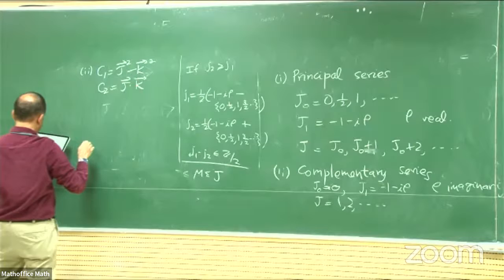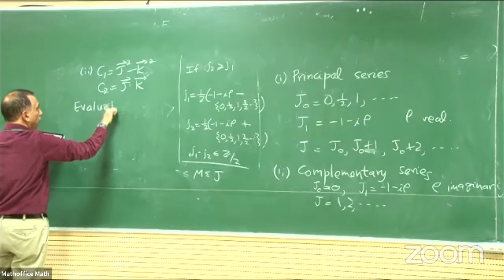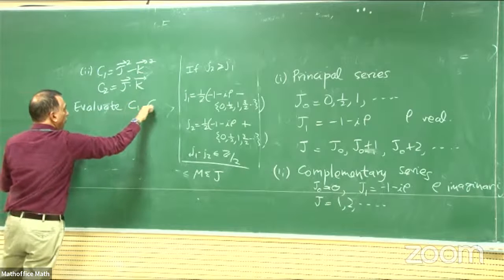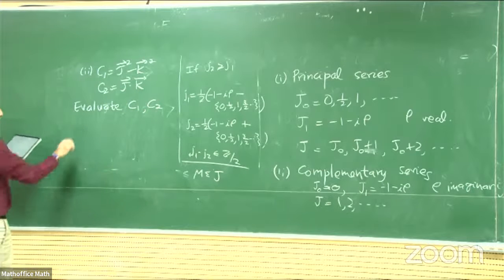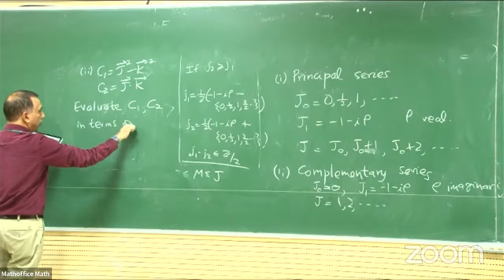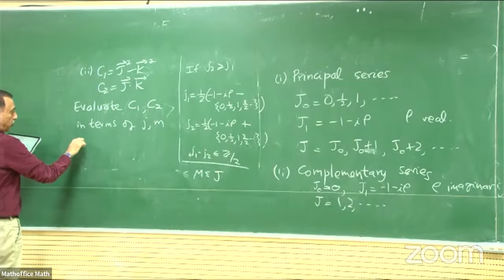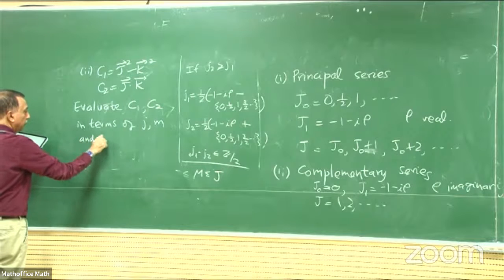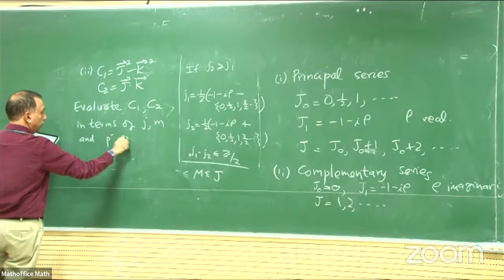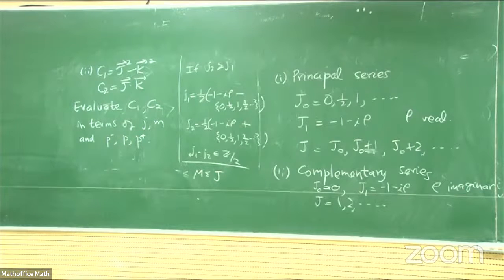And he says, well, we can evaluate these in terms of J and M. And of course, the unknown functions, P minus, P and P plus. This P has nothing to do with momentum. These are just three functions.